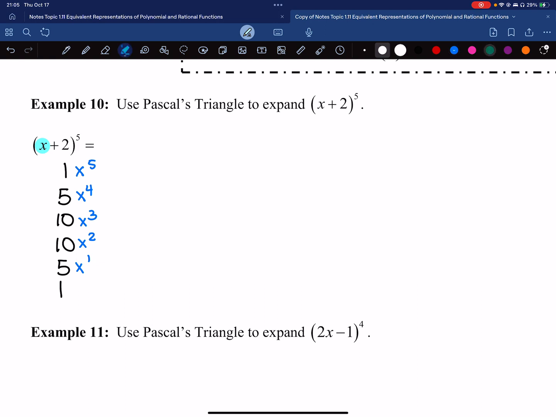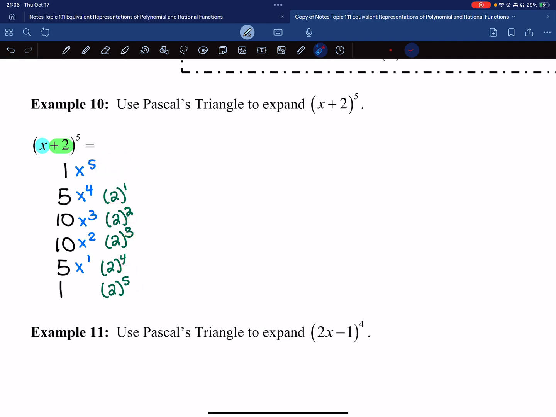Then we're going to take the second term, which is a positive 2, and do the opposite. I personally like to start at the bottom and go 5, 4, 3, 2, 1, none. But you can also start with none, 1, 2, 3, 4, and 5.